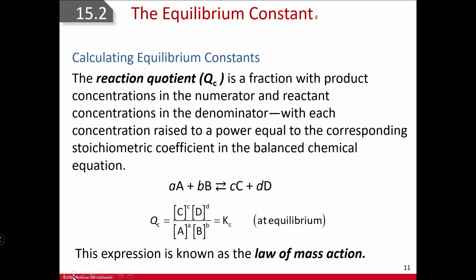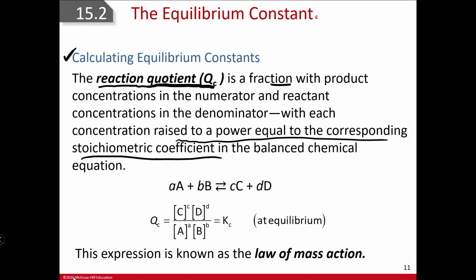All right. This is another really important slide. I think a lot of students don't understand, so let's talk about this slowly. What is the reaction quotient, Qc? It says it's the fraction with the product concentrations in the numerator, the reactant concentrations in the denominator, raised to the powers equal to the corresponding stoichiometric coefficients.